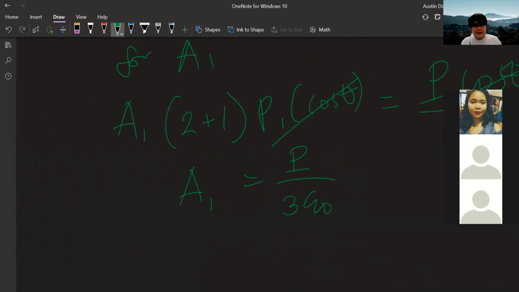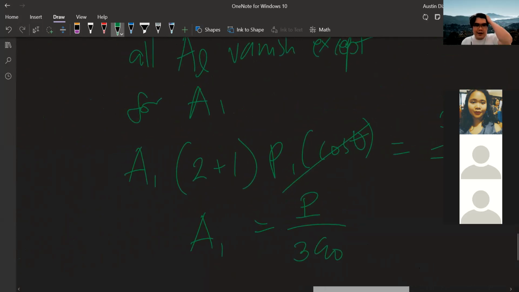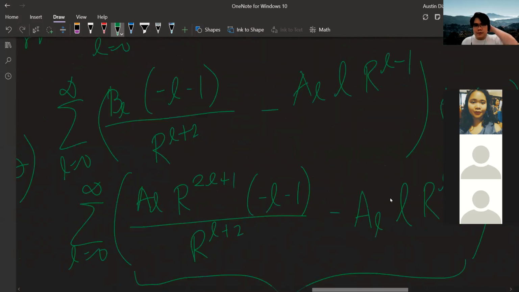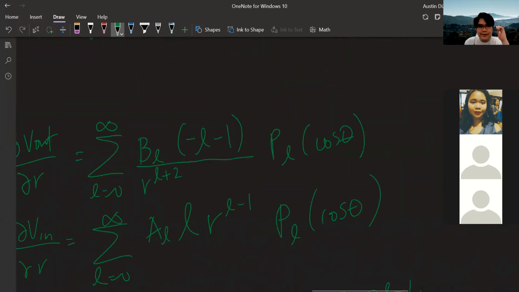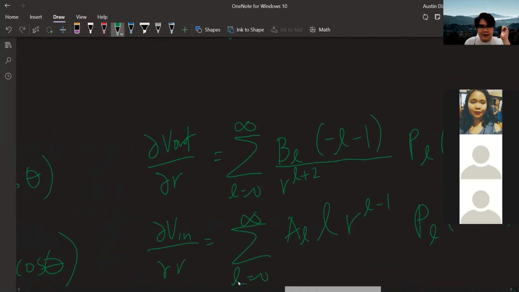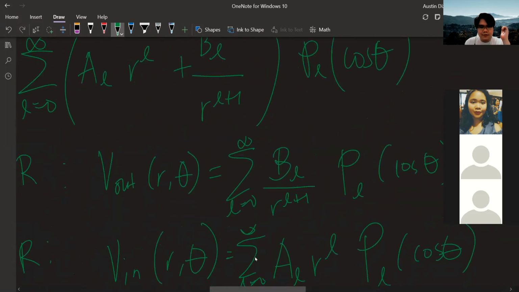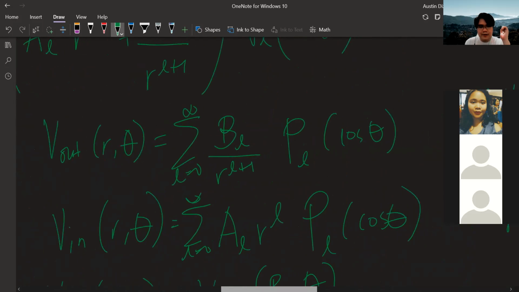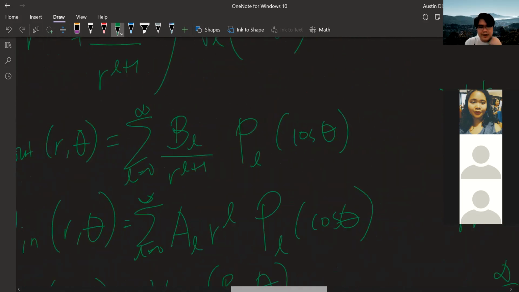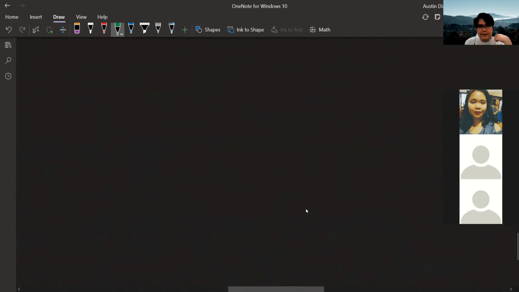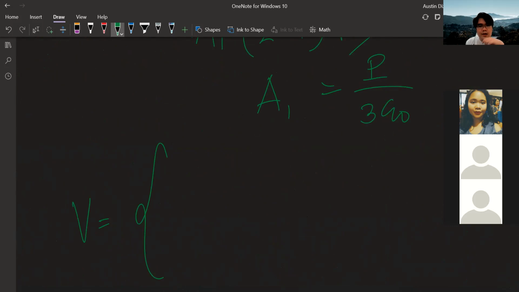Okay. Now I can write down my potential, of course. The potential is no longer a summation, kasi 1 lang na matitira naman eh.